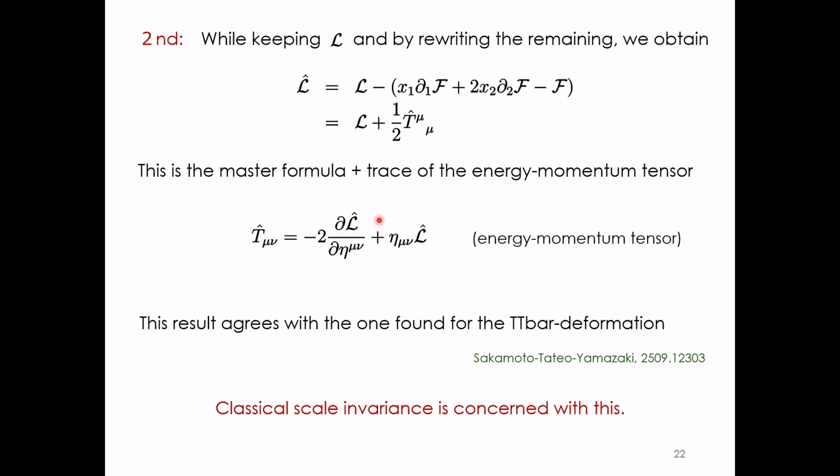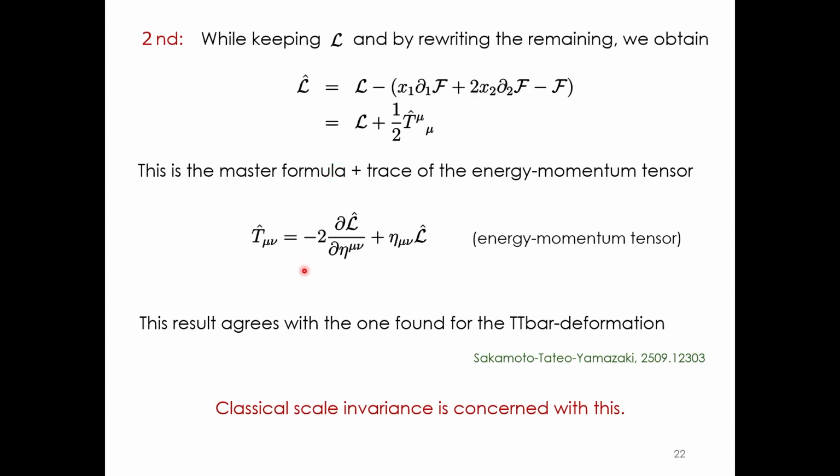Anyway, if we consider the TT bar deformations, the TT bar deformation is a relevant perturbation, and the deformation parameter is dimensionful. So in that case, we need to be careful with the Chern-Simons actions. Because the four-dimensional Chern-Simons action should be classically scale invariant, because that is dimensionless.